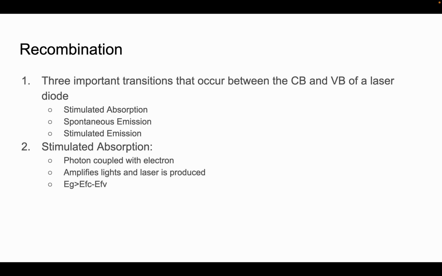Okay, so moving on to recombination. Essentially, there are three kinds of transitions that are important for laser diodes, and those occur between the conduction band and valence band. The three main things that we are going to focus on are stimulated absorption, spontaneous emission, and stimulated emission.